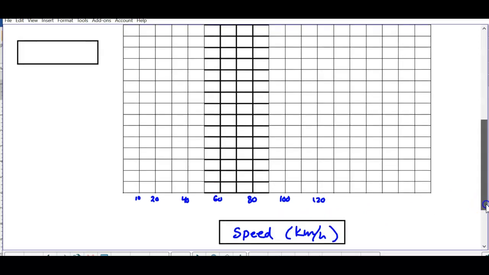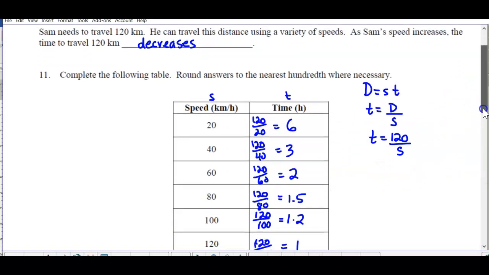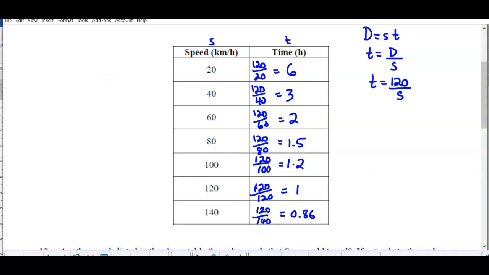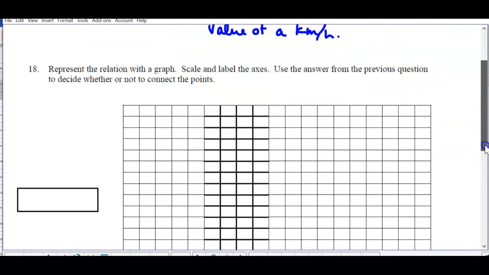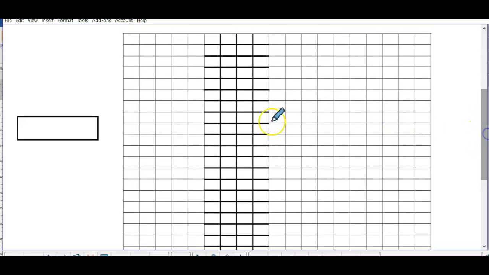Then our times, for 20 it was 6, basically down to 0. There's a lot of space here, right? So maybe 1, 2, 3, up to 21-ish.